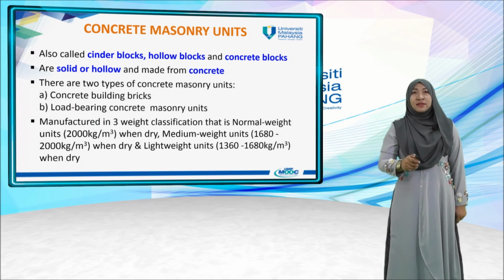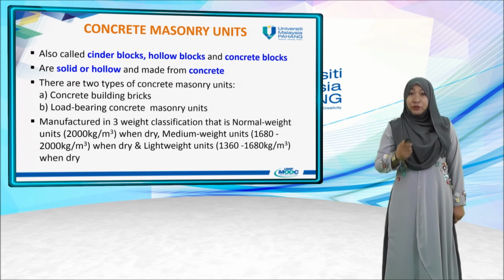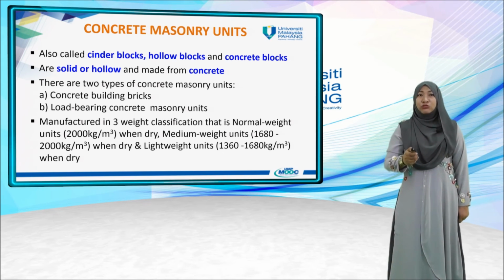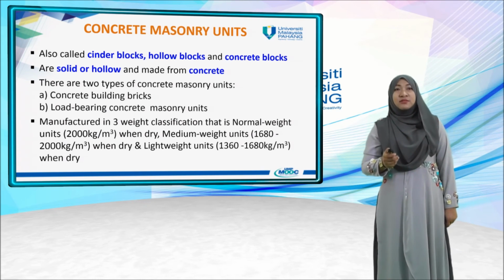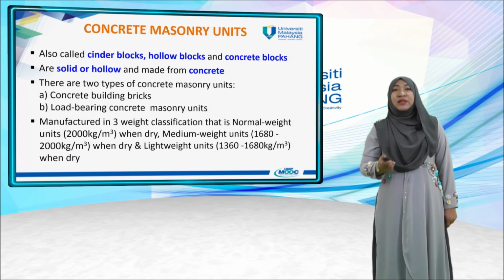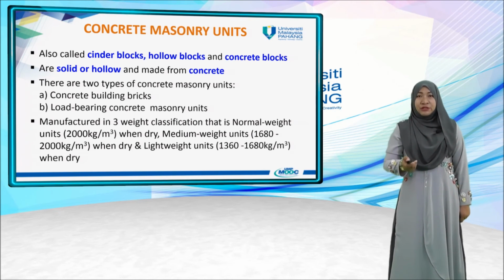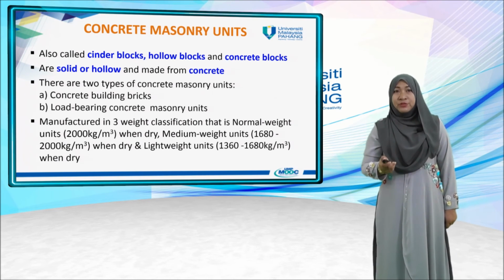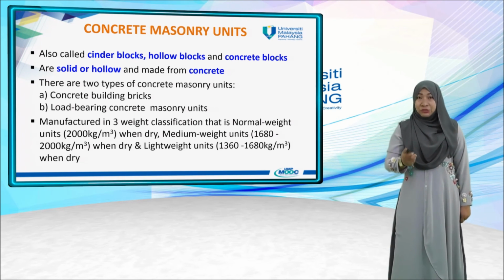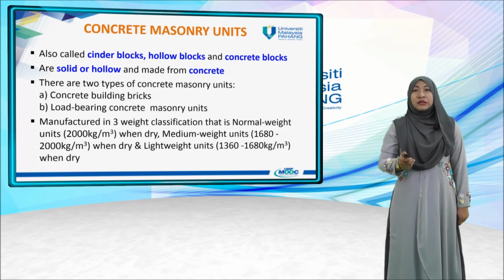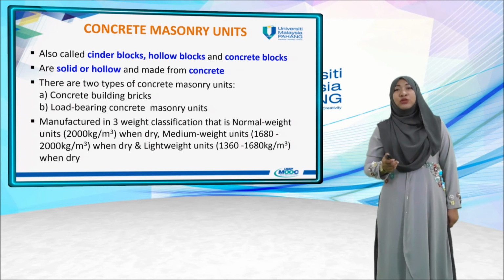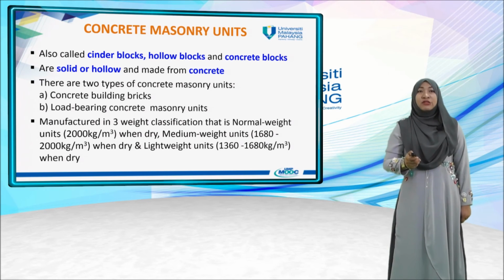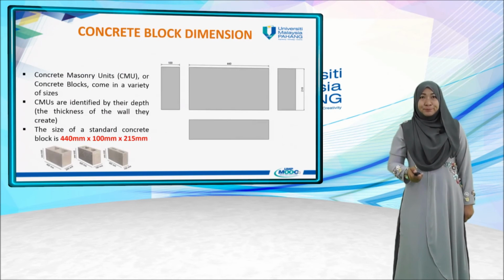Concrete masonry units are manufactured in three weights: normal weight, which is 2000 kg per cubic meter when dry; medium weight unit, which is 1680 to 2000 kg per cubic meter when dry; and lightweight unit, whose density is 1360 to 1600 kg per cubic meter when dry.